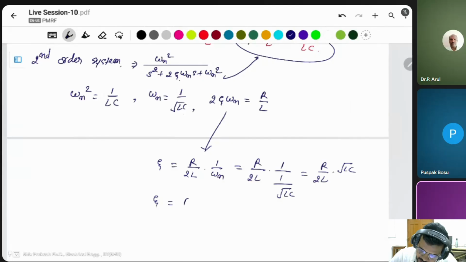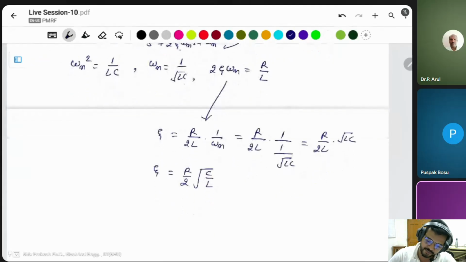Zeta is equal to R by 2 root of C by L. Root of L and root of L cancel out, only root of L is left. L you can write as under root of L square, and L will cancel out, only C by L is there. This is the zeta.